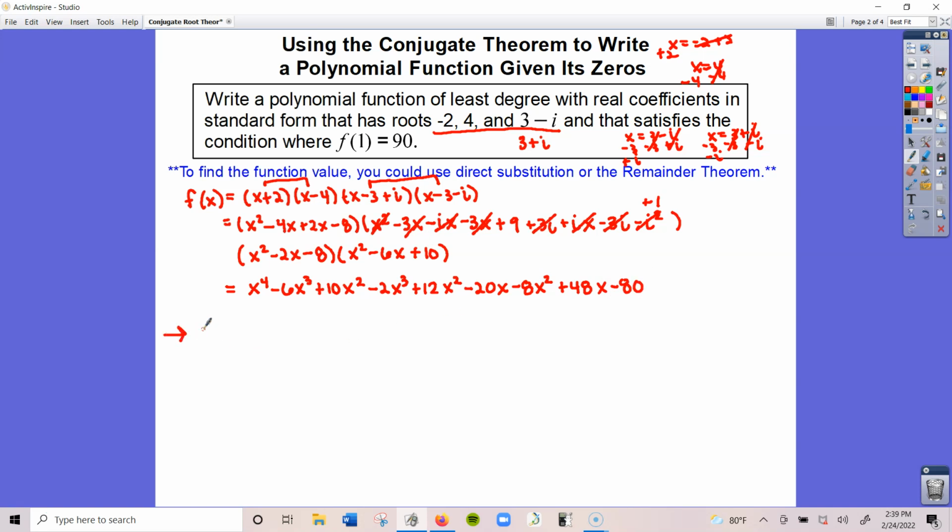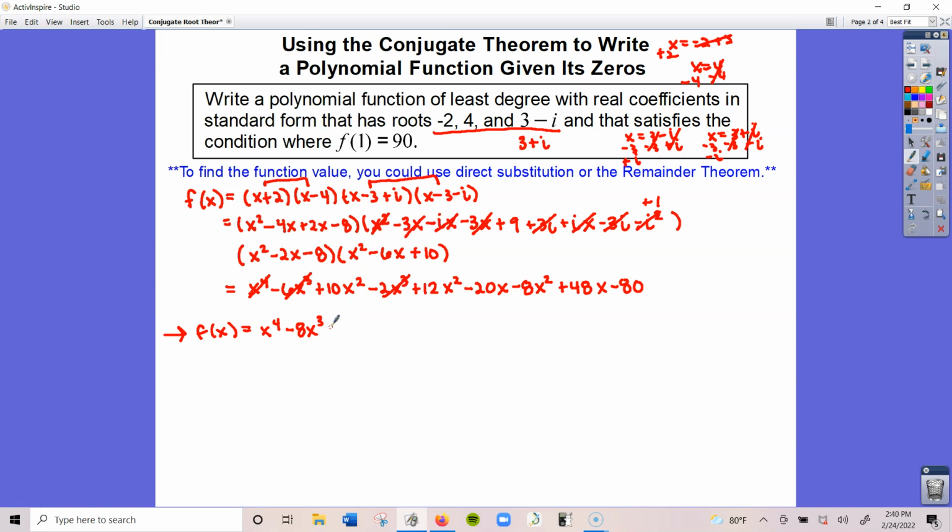Combining like terms, we get here x to the 4th. We have negative 6x to the 3rd minus 2x to the 3rd is negative 8x to the third. And I like to scratch things off as I use them so I can see what's left. Now all of the x squared. We have here 10x squared plus 12x squared, which is 22x squared, minus 8x squared.